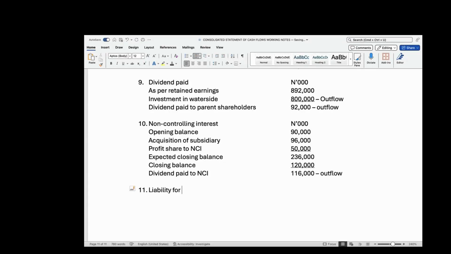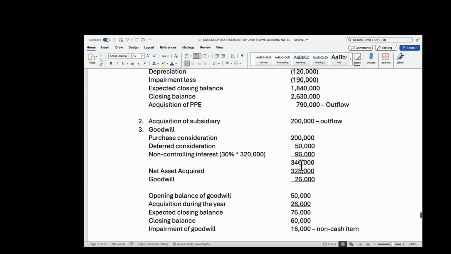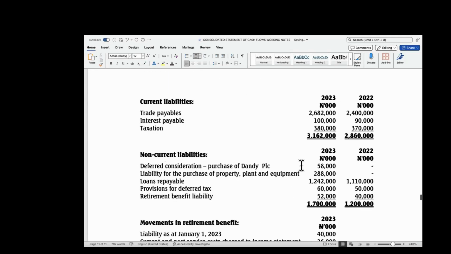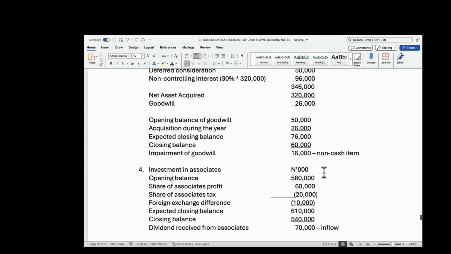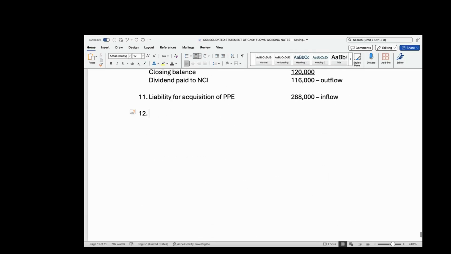Liability for acquisition of PPE is clearly an inflow. Then loan payable. This is also an inflow, 1,110 to 1,242. Loan payable.